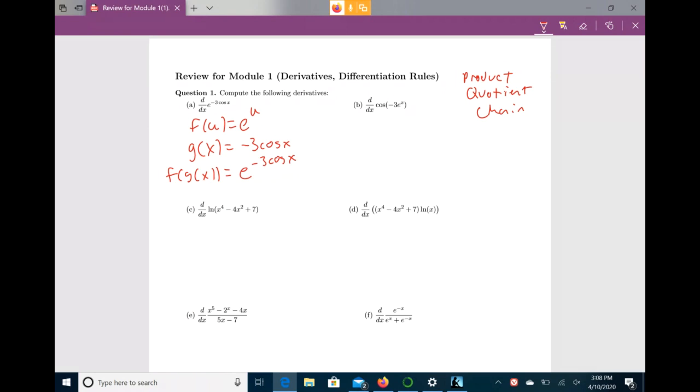Okay, so recall the chain rule says that the derivative of a composition is the derivative of the outside function evaluated at the inside function times the derivative of the inside function.